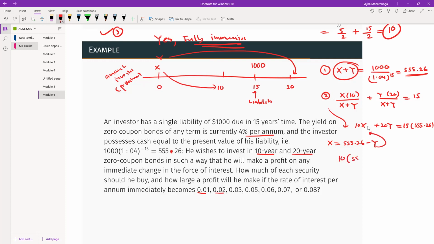So 10 times, so that gives you 10y equals 15 minus 10 times, so that's 5 times 10y.